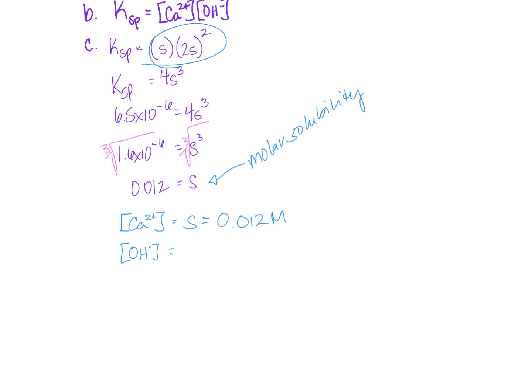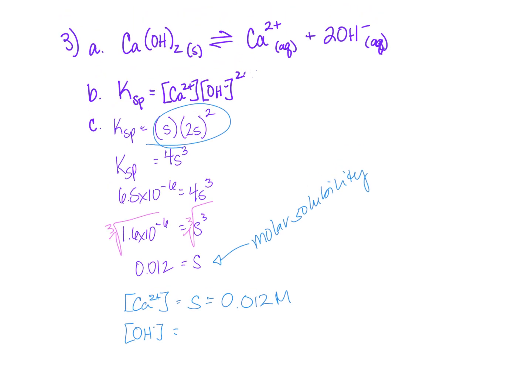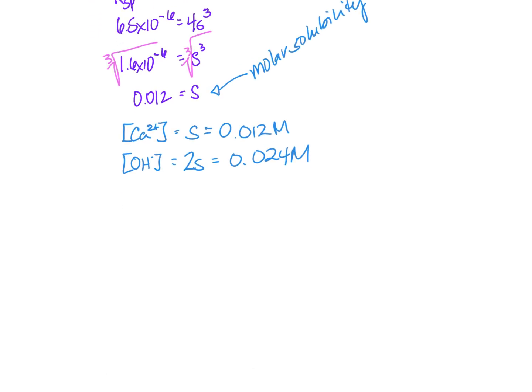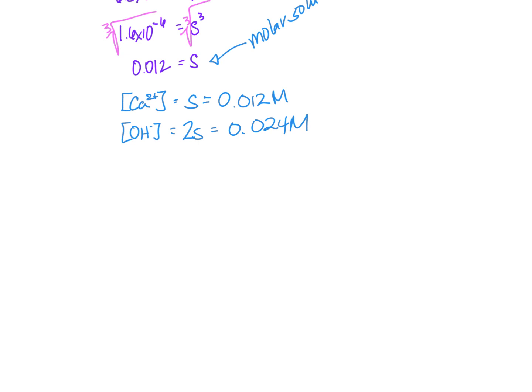For the OH-, because of my balanced equation, I have 2 OH- for every 1 Ca2+. That means the concentration of the OH- is 2S, or 2 times whatever my Ca2+ is. So I'm going to multiply that value by 2, and I get 0.024 molar. Okay, so those are my concentrations. I'm going to slide up a little bit more, and I'm going to do part D.